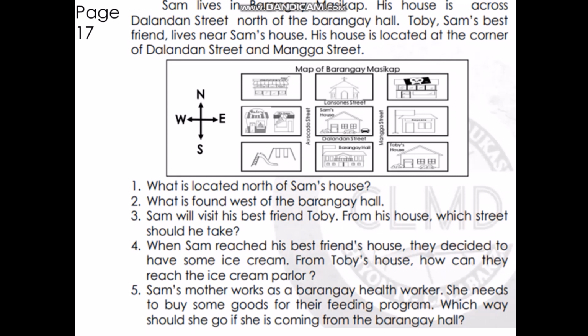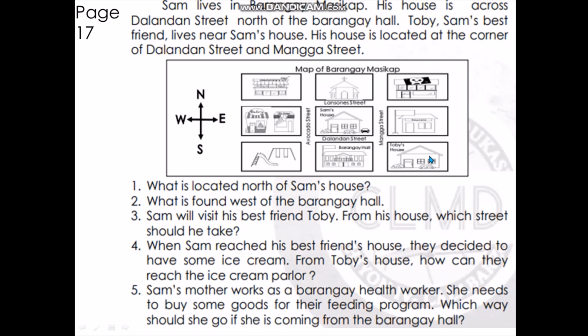West of Barangay Hall. Number 3, Sam will visit his best friend Toby from his house, and this is Sam's house. So which street would he take? What street should he take? Number 4, when Sam reached his best friend's house, this is Toby's house.